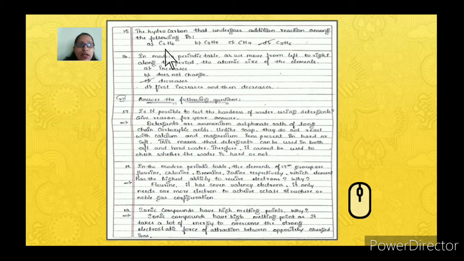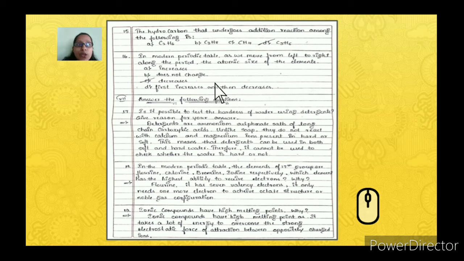There are four options: C2H6, C3H8, CH4 and C3H6. C3H6 has 3 carbons and 6 hydrogens, and you can see a double bond, so it is propene. So C3H6 is going to undergo addition reaction.